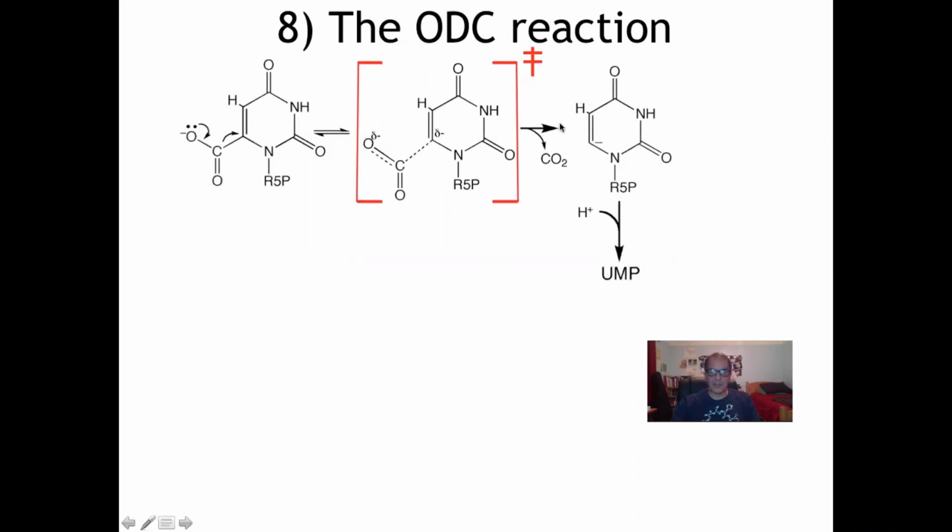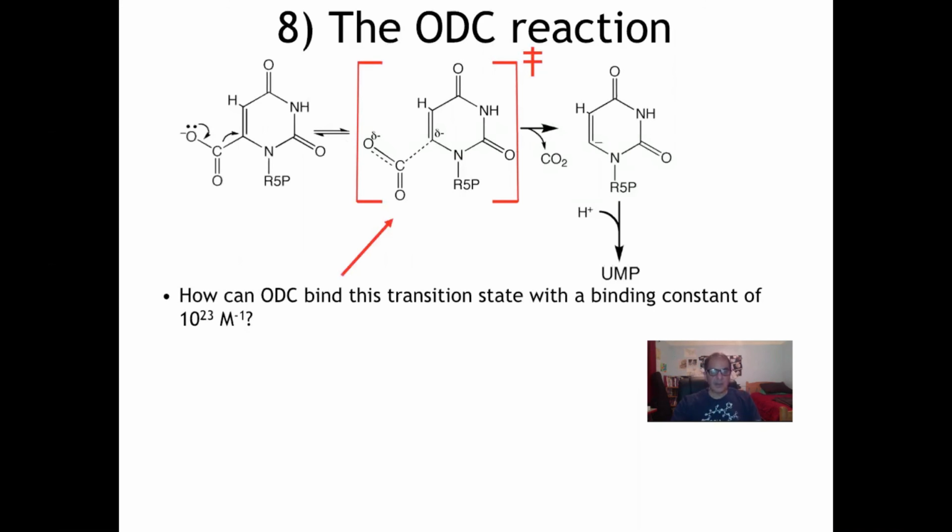So this is the transition state, and presumably, although we'll see that this might not be completely true, presumably then ODC binds this transition state with a binding constant of something in the range of 10 to the 23rd molar to the minus 1. So how can ODC bind this transition state with such a tremendous binding constant?